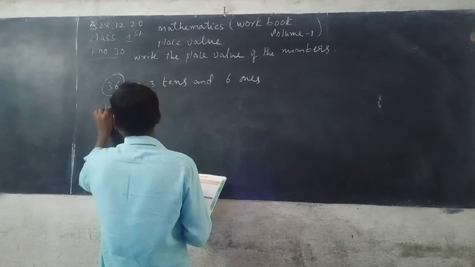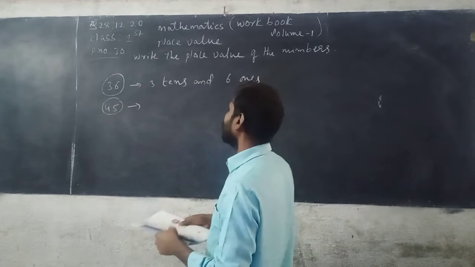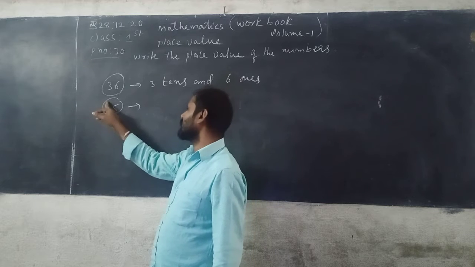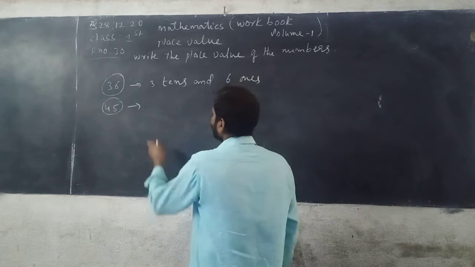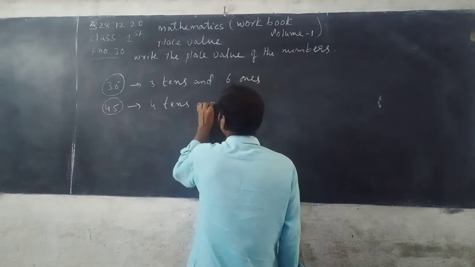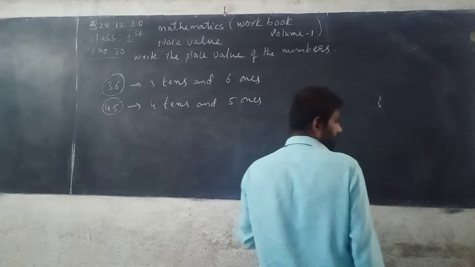Next 45. See here, 5 is in ones place and 4 is in tens place. Then you can write 4 tens and 5 ones.